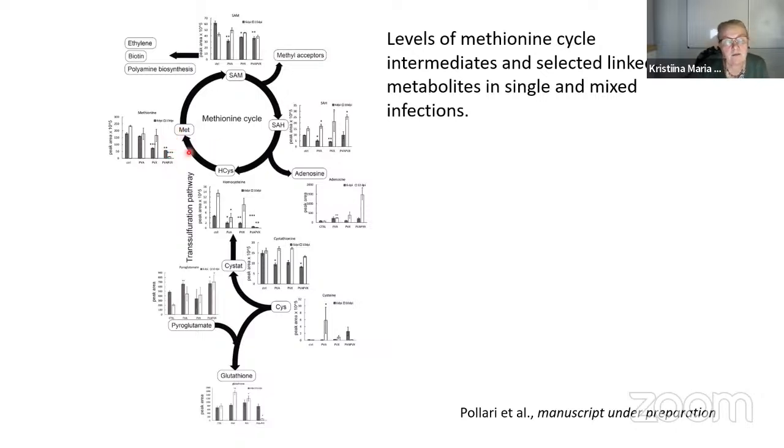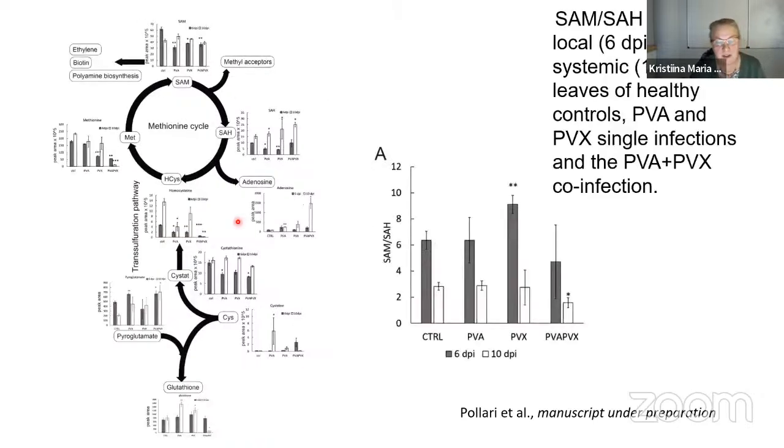plants. We also can see that there is serious reduction in glutathione amounts in the double infected plants in the systemic leaves at day 10. So now we are trying at the moment to analyze and make hypotheses out of this, how these metabolic pathways are affected by the double infection.